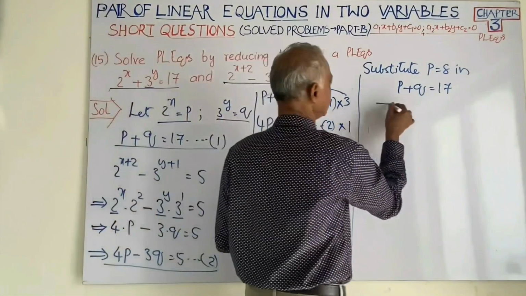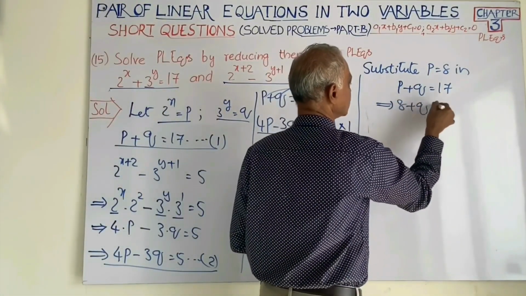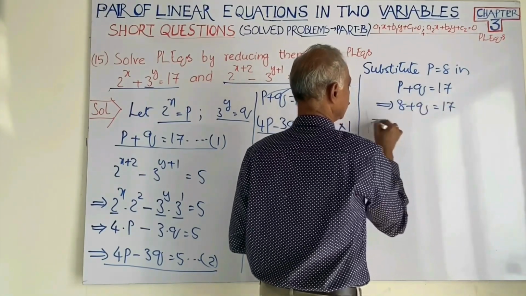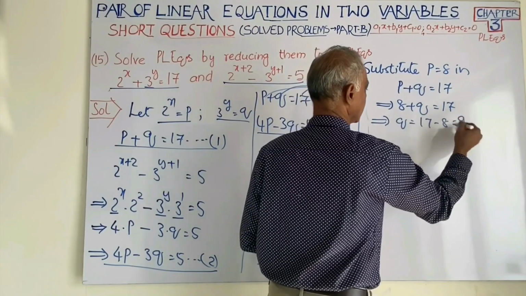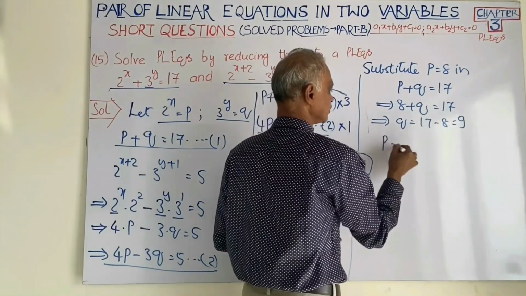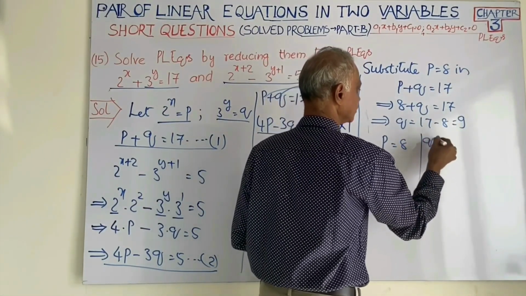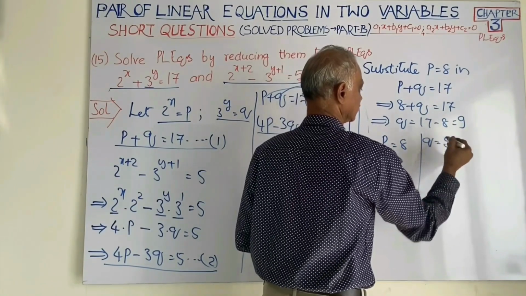What is the value of p you have? 8 plus q is equal to 17. You will get q is equal to 17 minus 8, that is 9. You have p is equal to 8 and q is equal to 9.